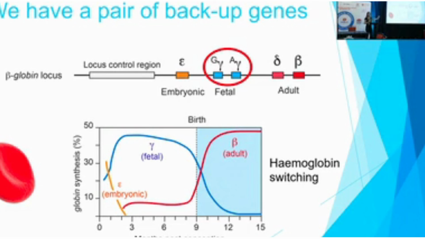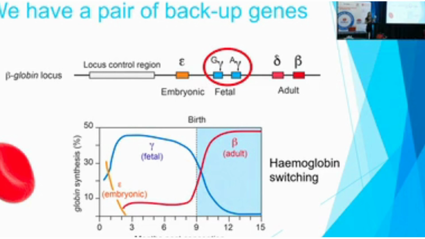As we move through development, through the pregnancy, fetal hemoglobin is expressed, shown in blue. There's a wave of fetal hemoglobin expression which goes on until shortly after birth. Then after birth, the second globin switch occurs, and adult beta globin, shown in red, is expressed. It's the adult beta globin gene that is affected by the mutations that cause sickle cell disease.